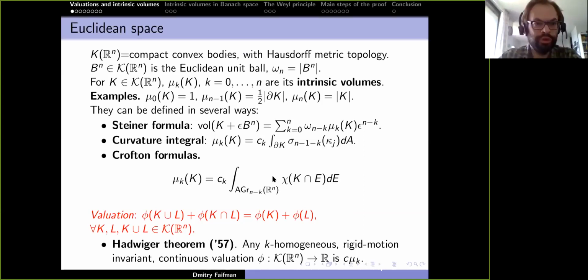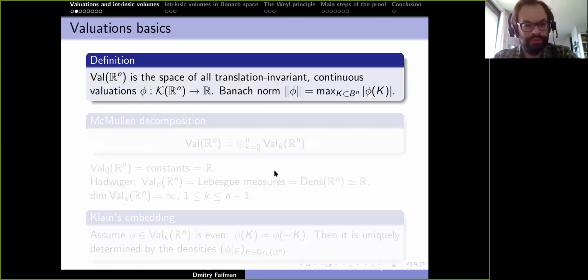Okay, very good. So let's talk a bit about valuations. Clearly, they are important. By Val(R^n), I will denote the space of all translation invariant continuous valuations, but I am no longer saying rigid motion invariant. So that's a bigger space, in fact, much bigger.